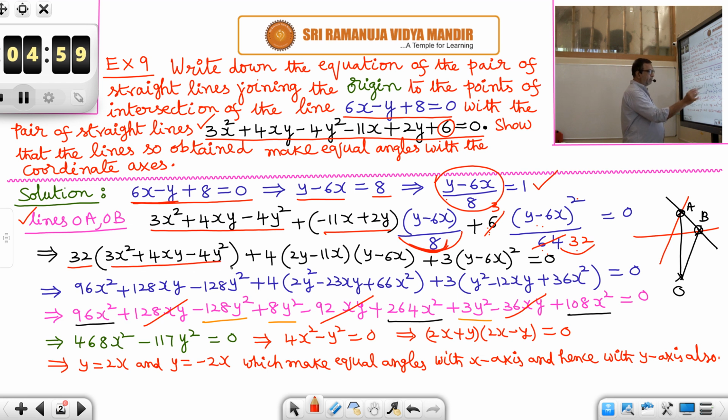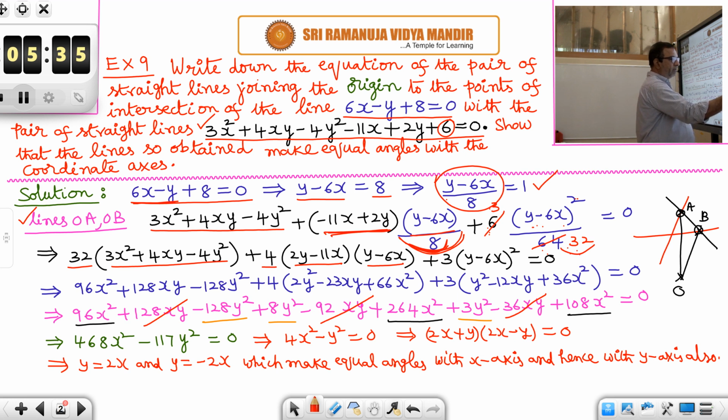32 into, in the bracket, you get these three second degree terms. Here, if you multiply this by 32, 32 by 8, so you get 4 into 2y minus 11x in one bracket, y minus 6x in the other bracket. And next, we are multiplying by 32. So here 3 by 32 into y minus 6x whole square.